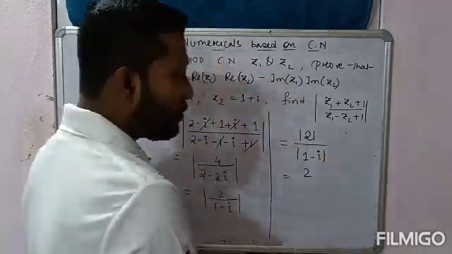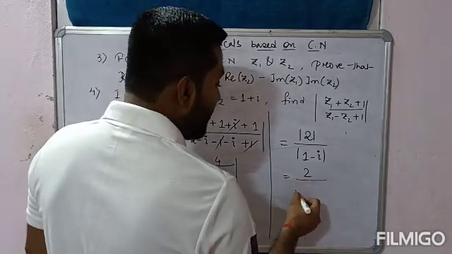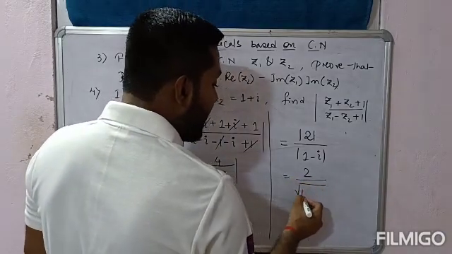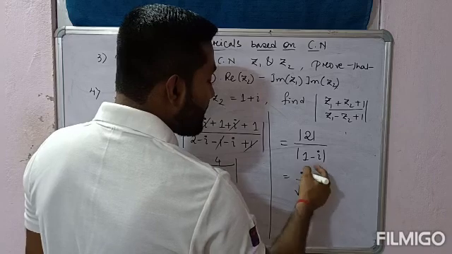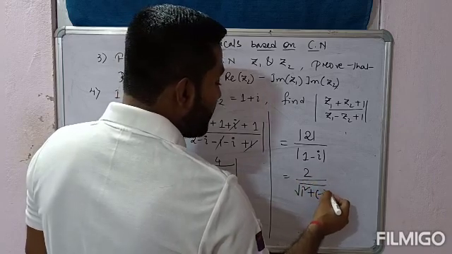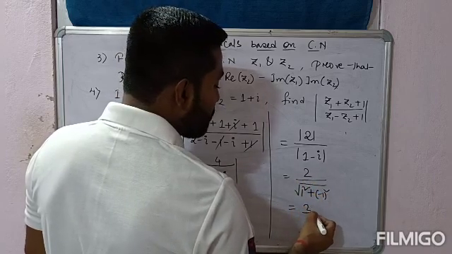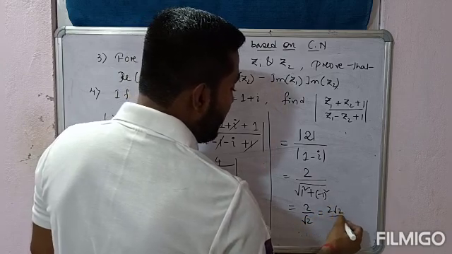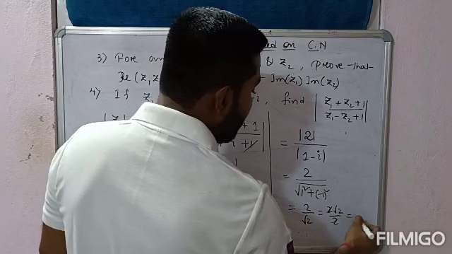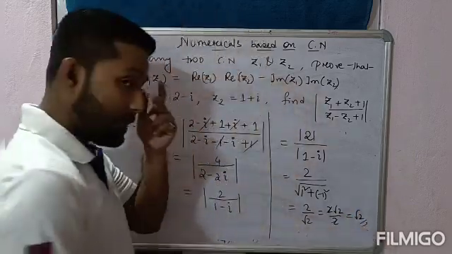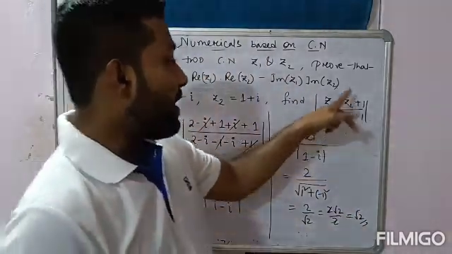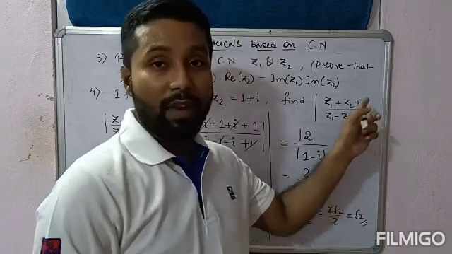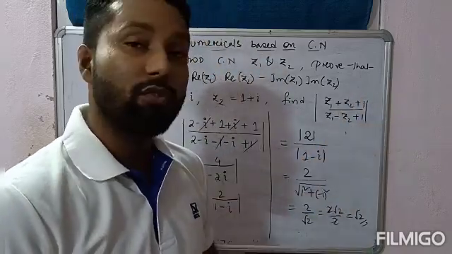So how to find the modulus of a plus ib? Root over a square plus b square. Here a is 1 and b is minus 1. So root of 1 square plus 1 square, that means 2 by root 2. If you rationalize it, 2 root 2 by 2, so the answer is root 2 only. Therefore the value of this expression is equal to root 2.